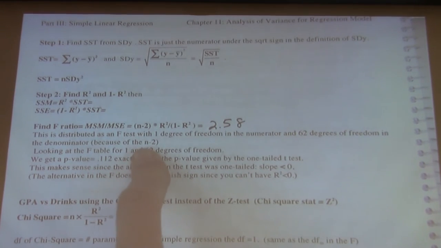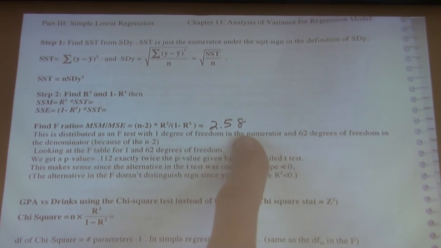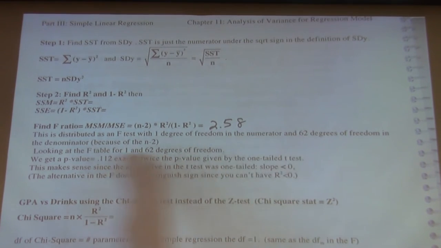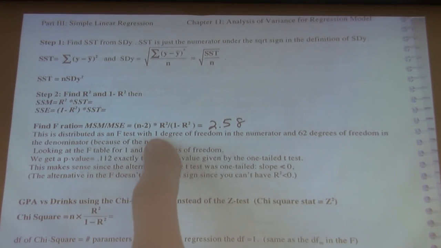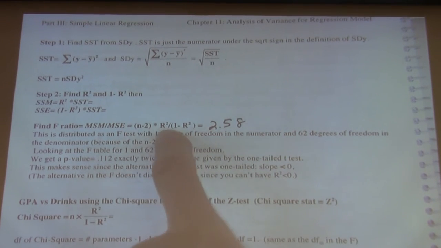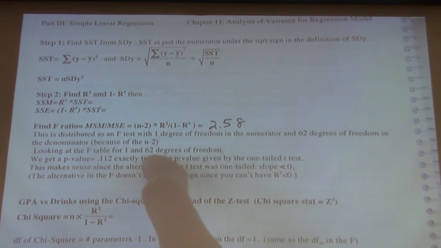It's also dependent on how many degrees of freedom are in the numerator, so how many parameters you have. In this case, it's only 1 x, but if we had 2 x's, you'd have to look at a whole other set of F curves. So it's depending on two sets of degrees of freedom, the numerator and the denominator.